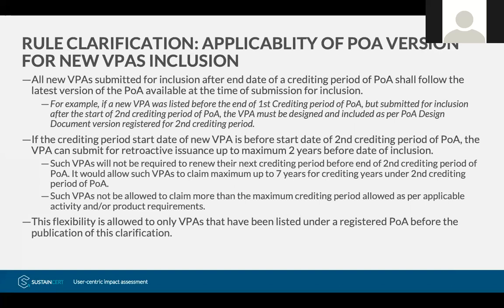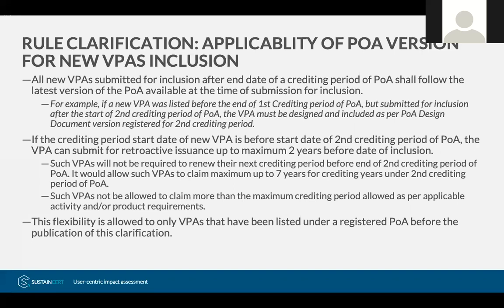However, one thing to note is that such VPAs will not be allowed to claim more than the maximum crediting period allowed as per the applicable product or activity requirements. Also, such VPAs will not be required to renew their next crediting period before the end of the second crediting period of the POA. It would allow VPAs to claim for 7 years straight under the second crediting period of the POA.